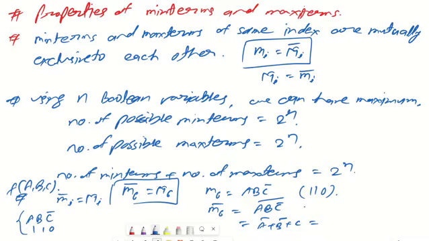So I can see that it is going to be equal to 1, 1, 0. That is nothing but M6. Understood? So this is also nothing but 1, 1, 0 in max term form. So you have proved that min term 6 index is max term 6 index bar, or min term 6 index bar is max term 6 index. Okay, so that's all.